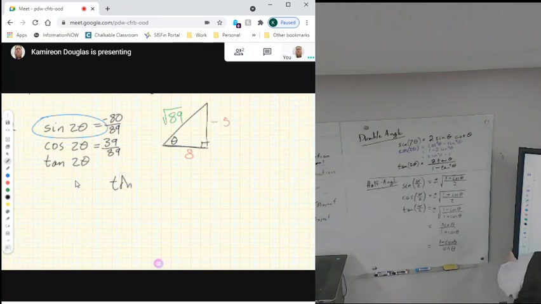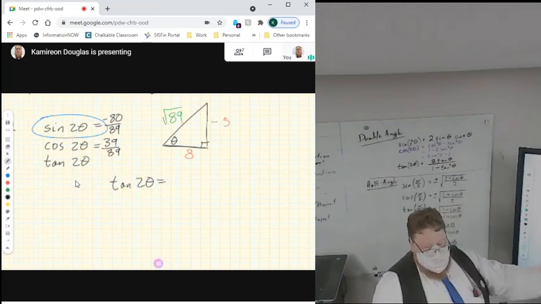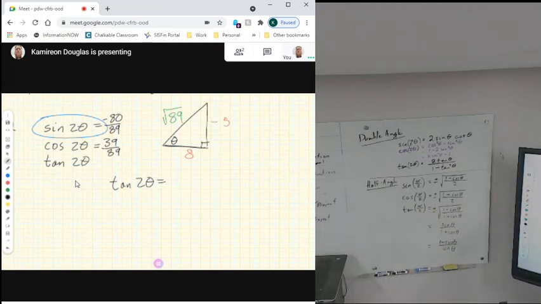Tangent of 2 theta is equal to, according to my formula, 2 tangent theta over 1 minus tangent squared theta.